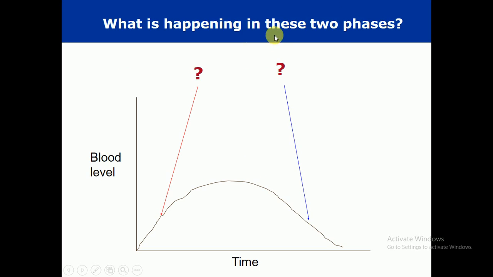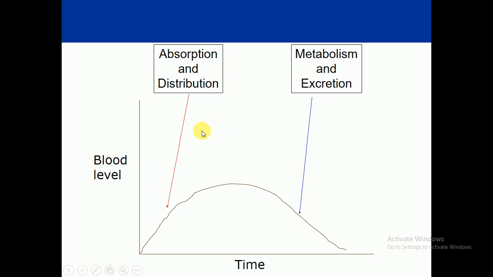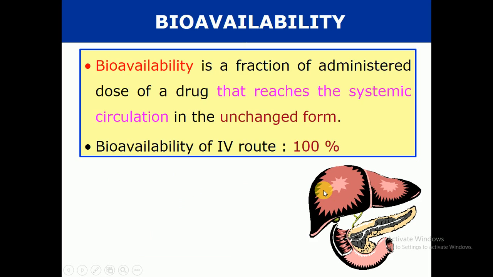Now what is happening in these two phases? This is blood level, and this is time. What are these red lines and this line? This shows absorption and distribution, and these lines show metabolism and excretion.